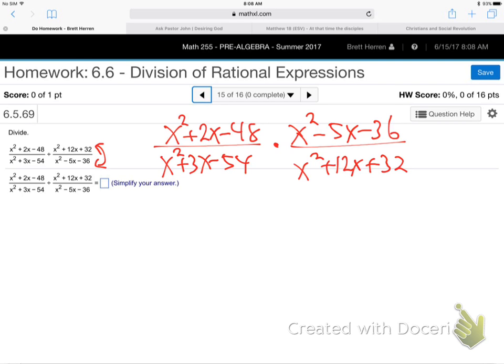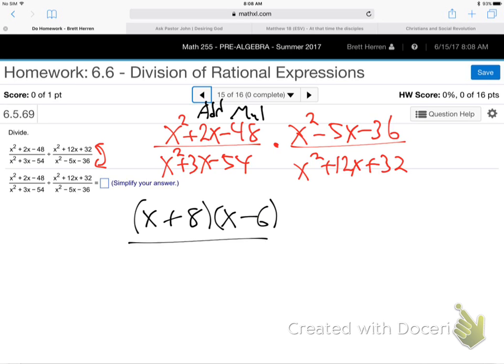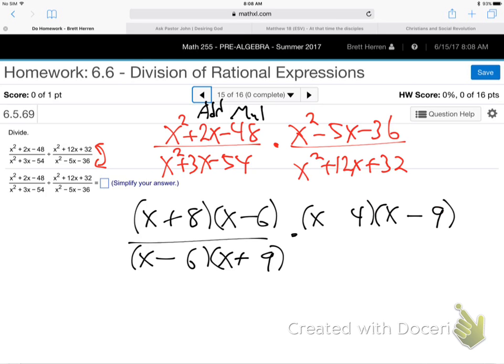So you've got to factor a bunch, multiply, add. You get the hang of the multiply, add thing. Is that good?